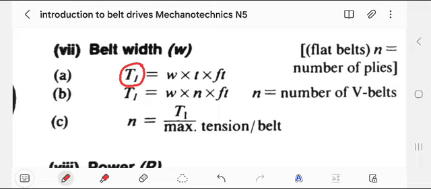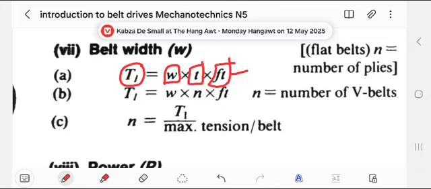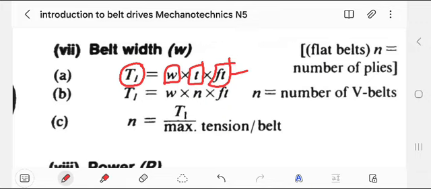The T1 tension will be equal to width multiplied by thickness times the allowable tension, FT. The FT will depend, guys, on what you are given. Sometimes it will be tension per ply, Newton per ply, or millimeters per ply.